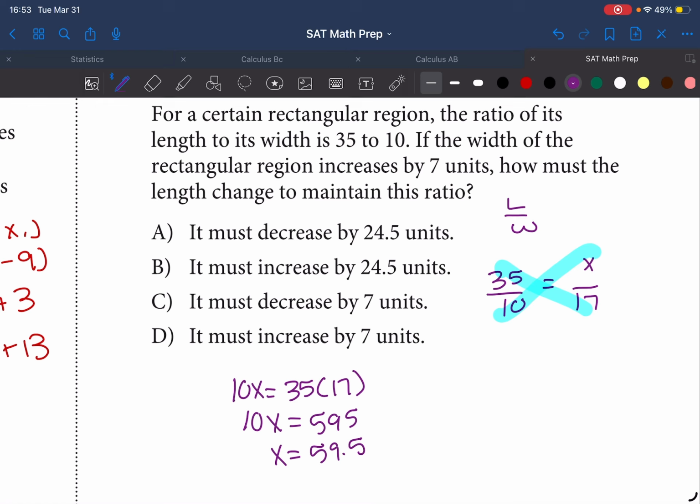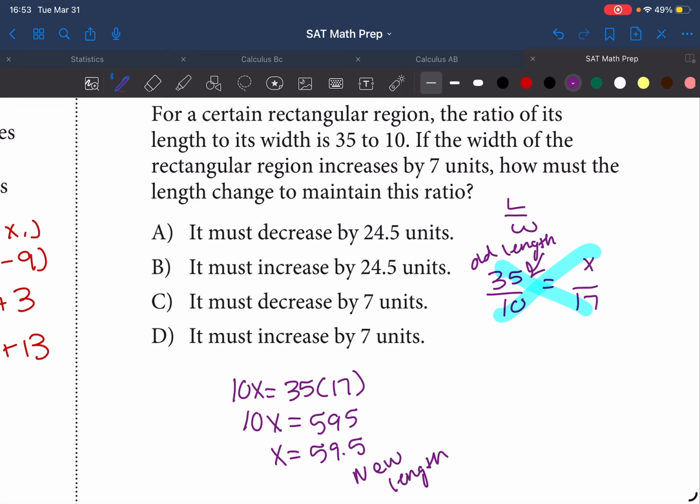So it's not asking us what the new value is. It wants to see how much it has to increase. So I take the length, which was 35, and I subtract it from 59.5. Okay, because remember, this is my new length. Okay, this is my old length.